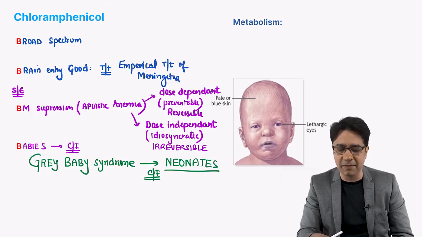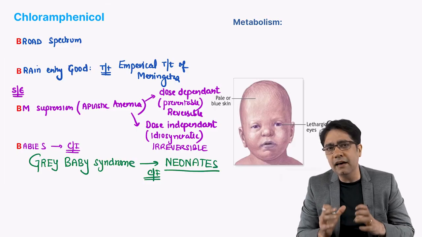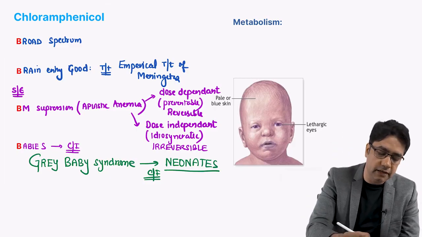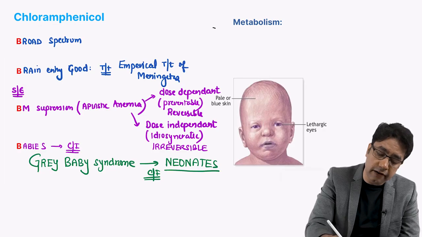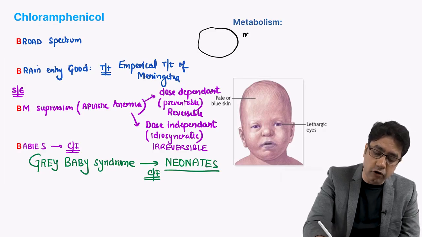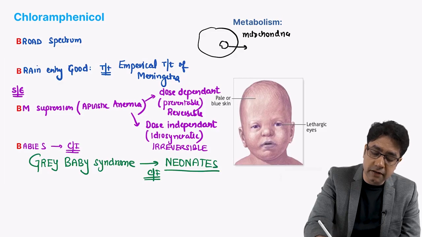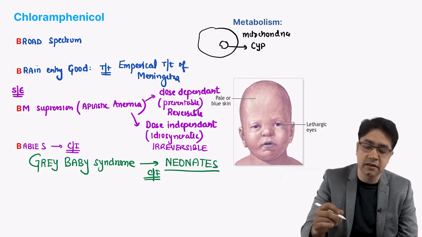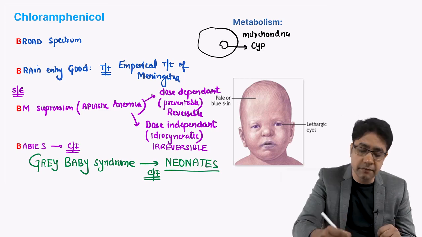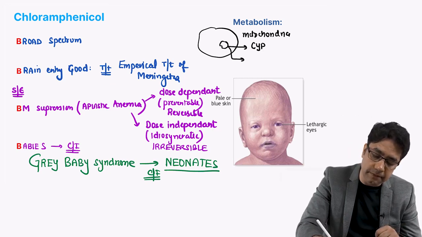Let's understand that part. Remember, inside the cell, we have mitochondria. Inside the mitochondria, we have certain enzymes. These enzymes we have discussed in general pharma, that is CYP enzyme, cytochrome P enzyme, and glucuronide enzyme.